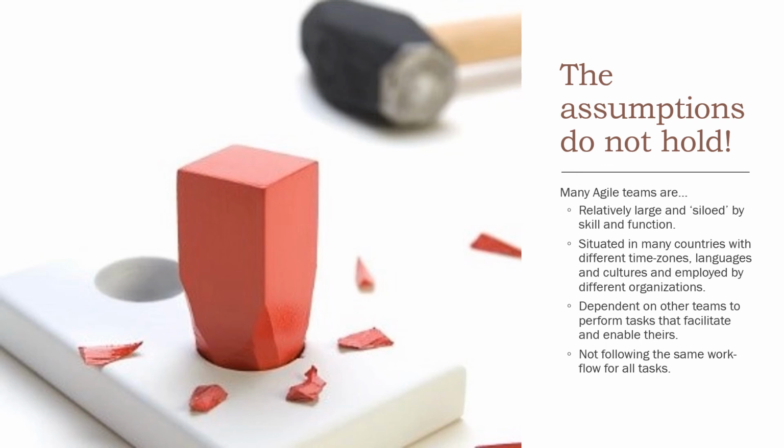Frequently, the teams are dependent on other teams to perform tasks that facilitate theirs, which means they are heavily dependent on those other teams. And frequently, the teams do not follow the same workflow for all tasks.